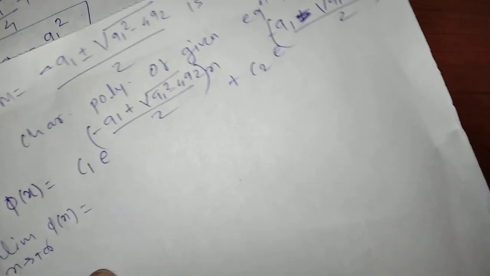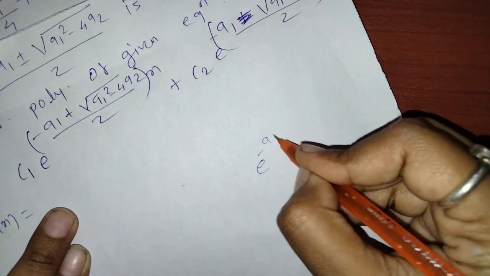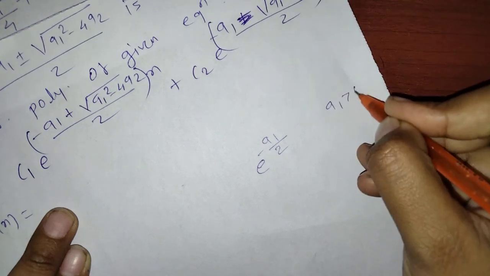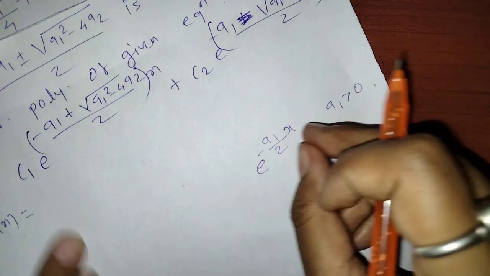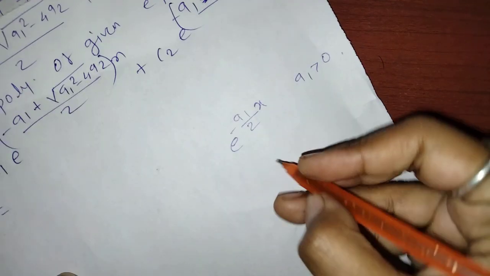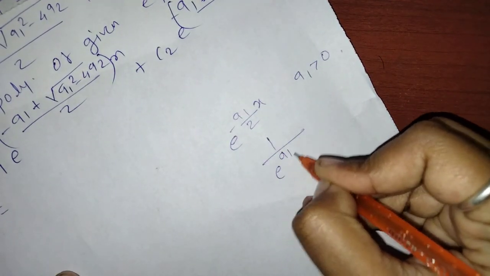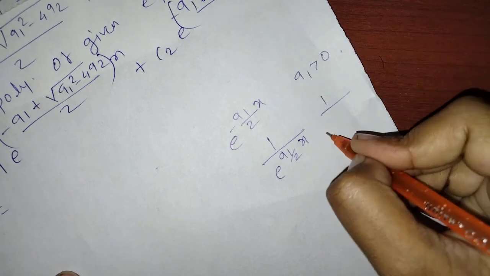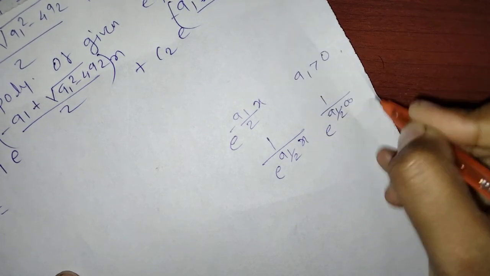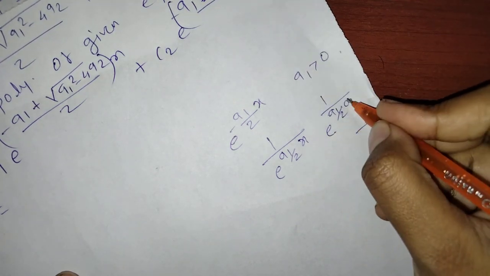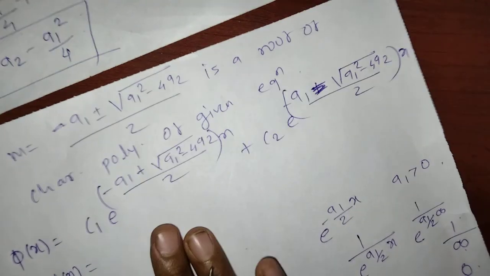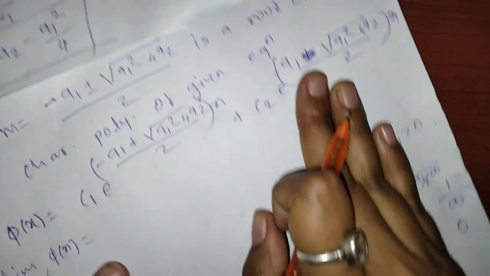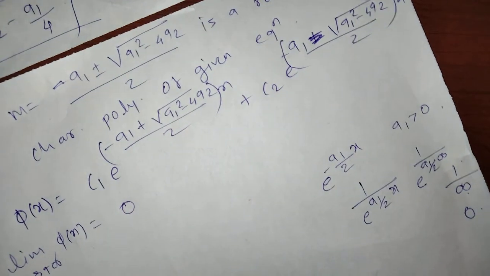Here a1 is greater than 0, and the variable is x. Now put x equal to plus infinity. So 1 upon e raised to a1 upon 2 x means 1 upon e raised to a1 upon 2 infinity, which means 1 upon infinity, which is 0. So this term is 0, this term also 0. So 0 plus 0 is 0.